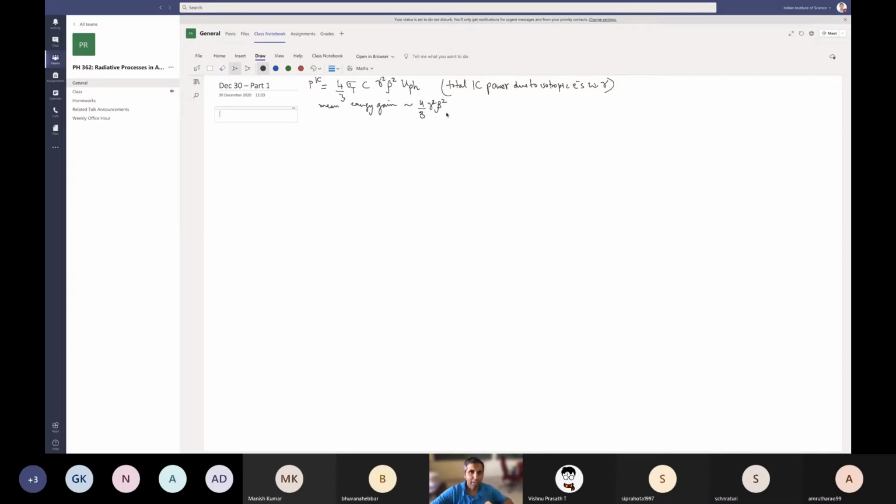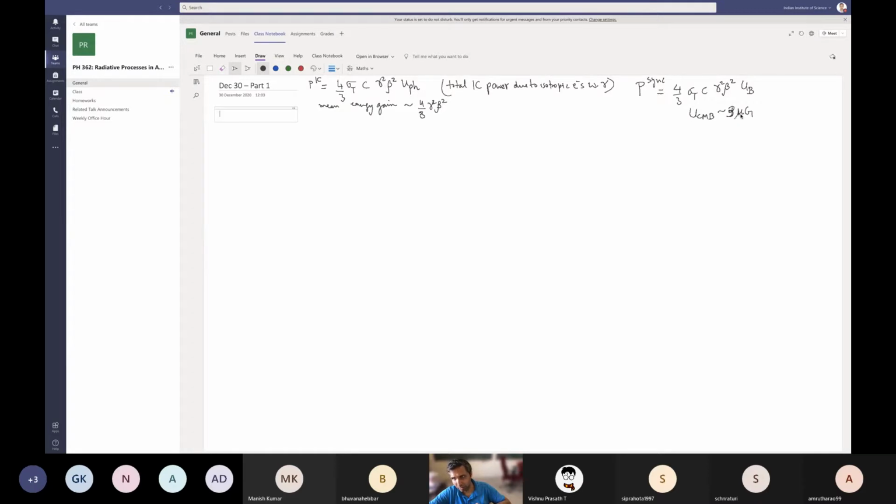Okay, and you recall the synchrotron power was an identical expression: 4/3 sigma_T c gamma squared beta squared U_B. And last time I was telling you that the CMB, the cosmic microwave background, is a very important seed photon field, and that is equivalent to having a magnetic field of about 3 microgauss.